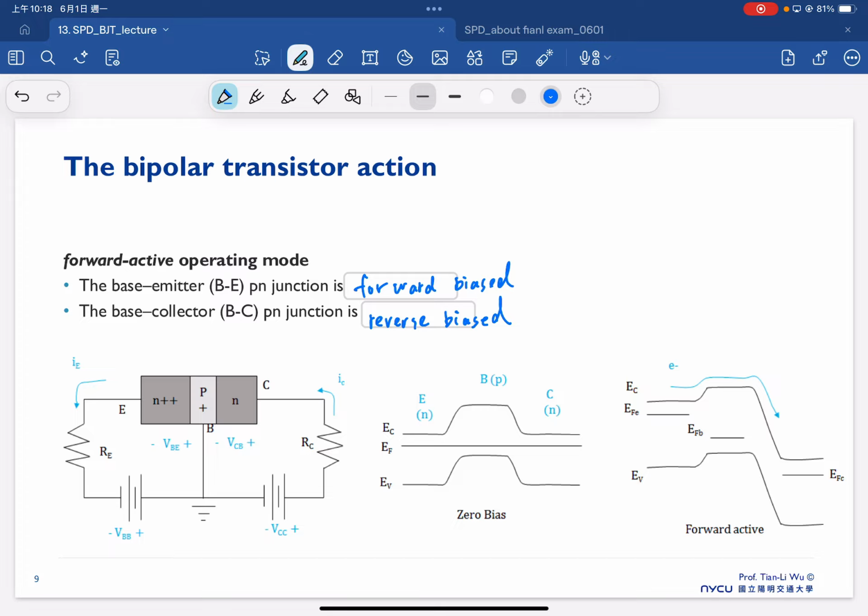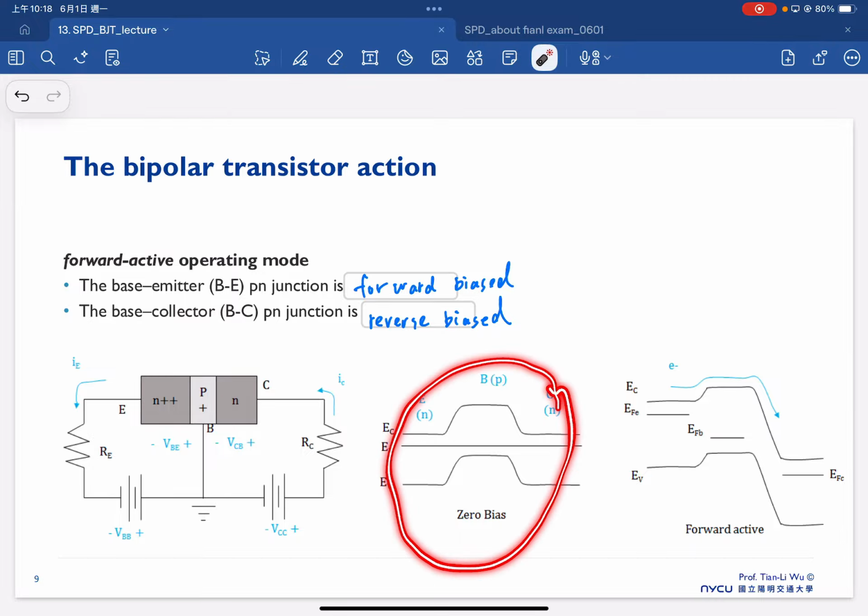So therefore, we can still consider the band diagram between these two junctions. The middle one here is under zero bias.